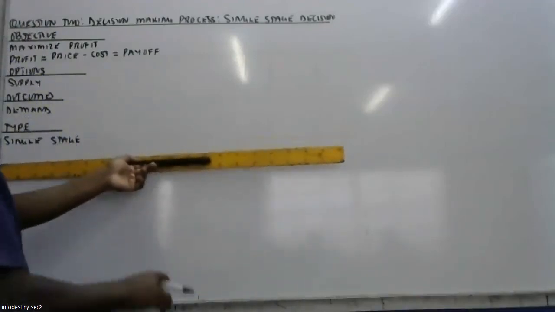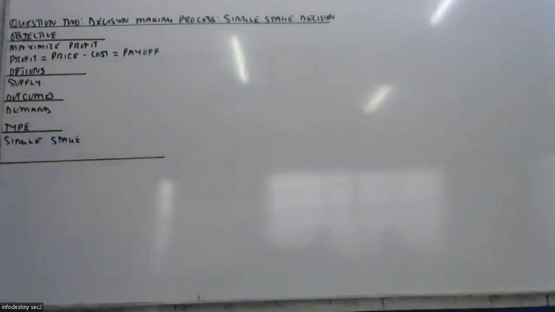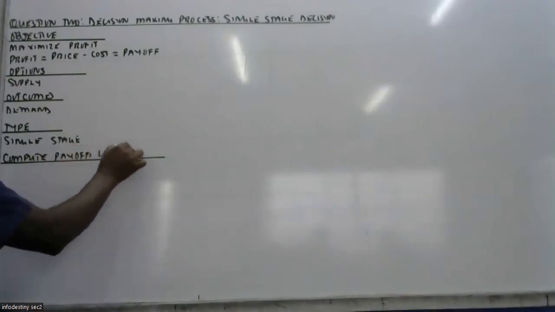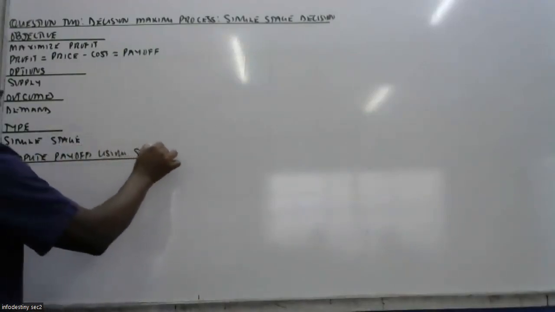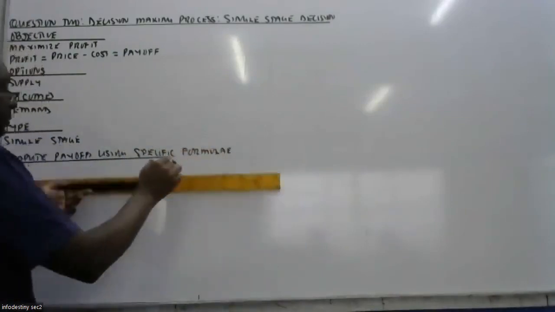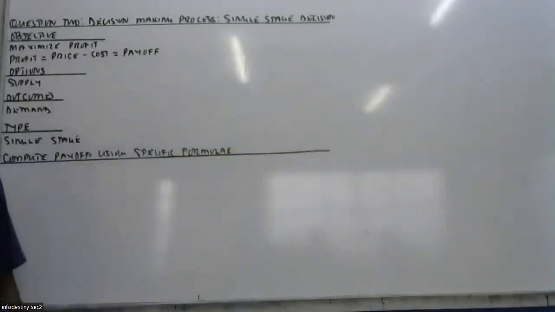Then after you get the type of the decision, you compute payoffs using the specific formula.